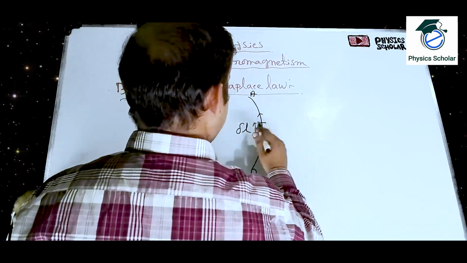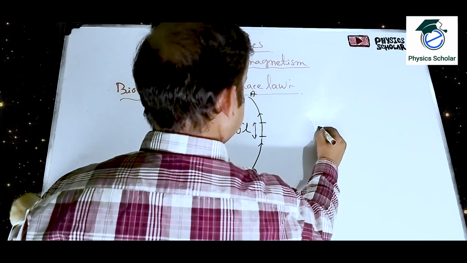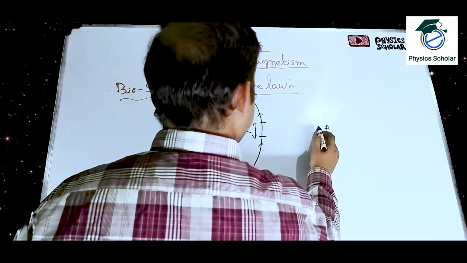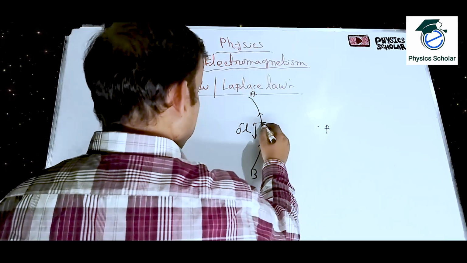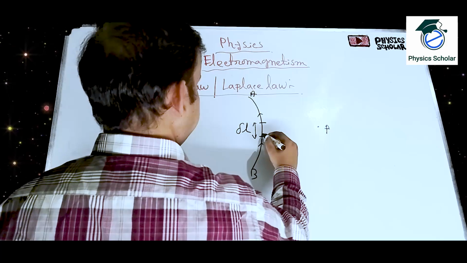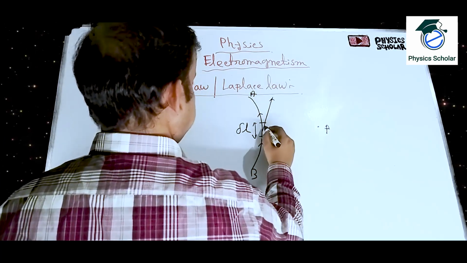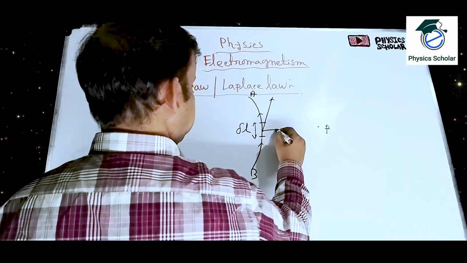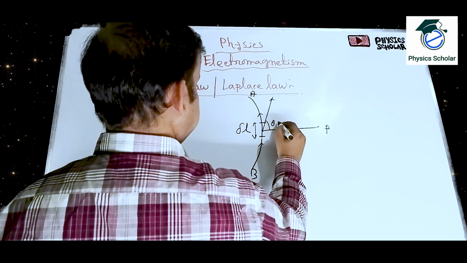So now we have to find out the magnetic field intensity at this point due to this current carrying conductor, or due to this small length. So this is the direction of the magnetic field, and suppose this angle is theta.